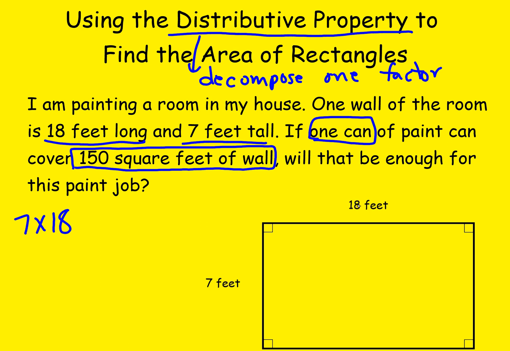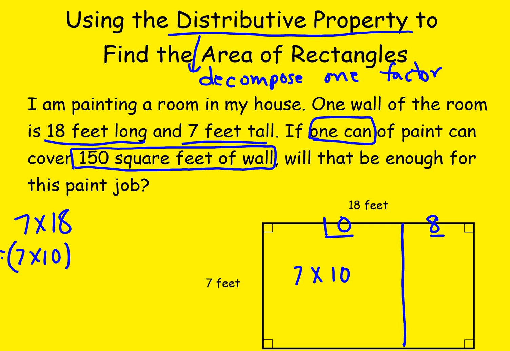So again, I'm going to decompose my 18. I'm going to decompose it into 10 and 8 because I know my 10s and I can count my 8s fairly easily. So I'm going to do 7 times 10 plus 7 times 8. Well, 7 times 10 is 70. 7 times 8 is 56.